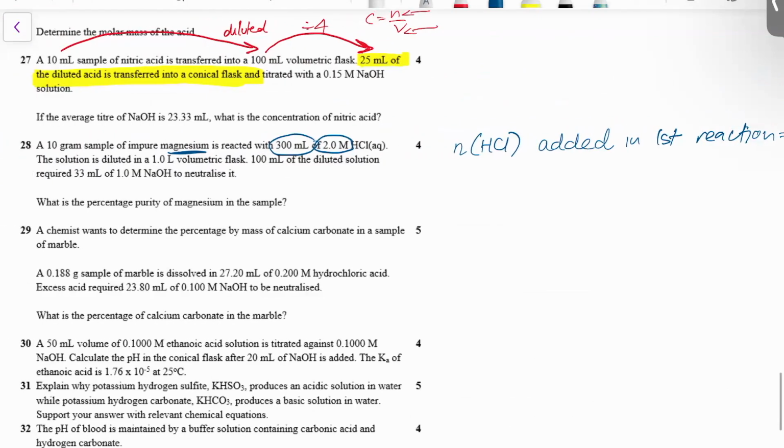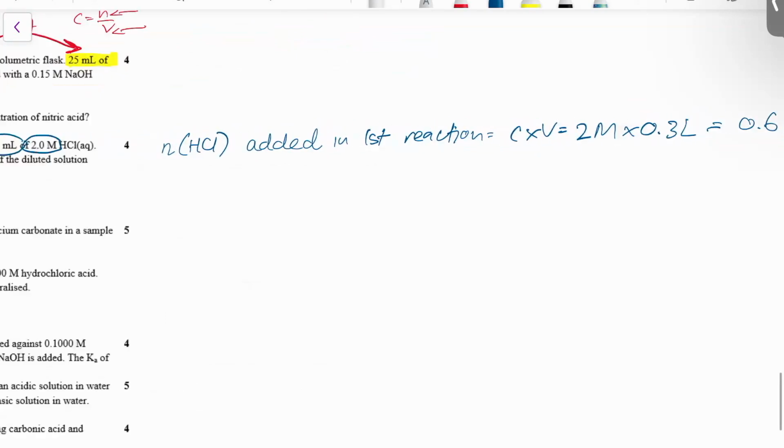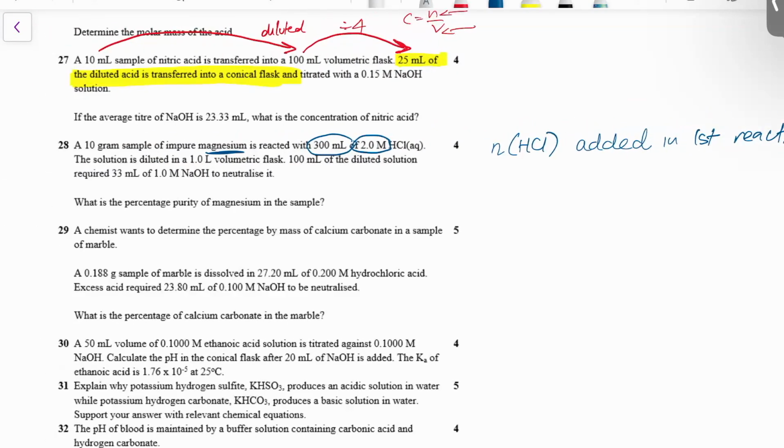We can't go to the magnesium yet. I know we said that when you're reading an equation, you can get the moles and you can jump to the other chemical, but that's only if the moles you calculated is the moles that's actually reacted for the equation. This is the moles that goes in, but we don't know the moles that reacted. I can't know the moles that reacted.